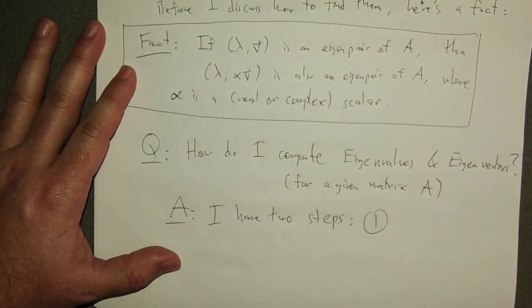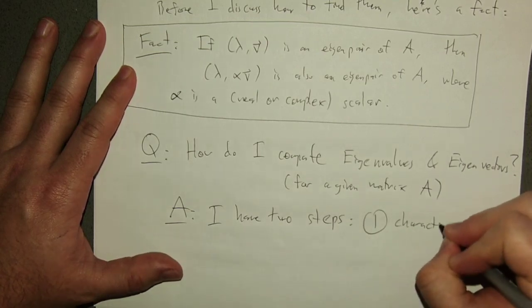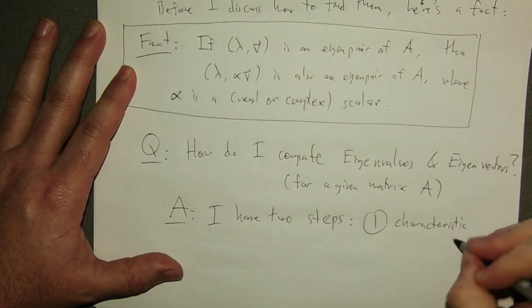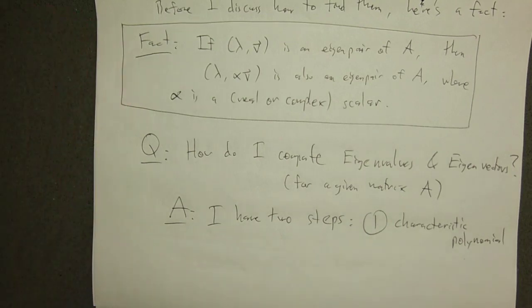One is a step involving the characteristic polynomial. This has been very carefully defined so that we are using the same words here because it is the same thing in a proper context.